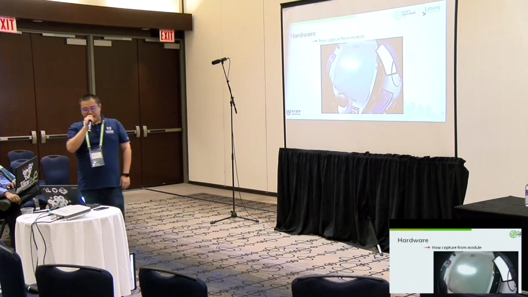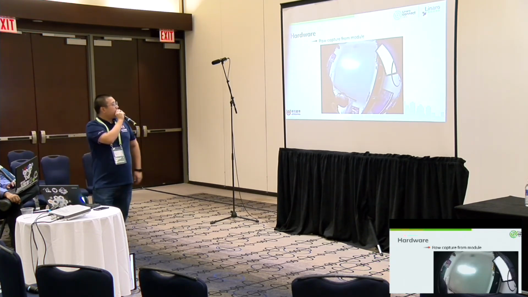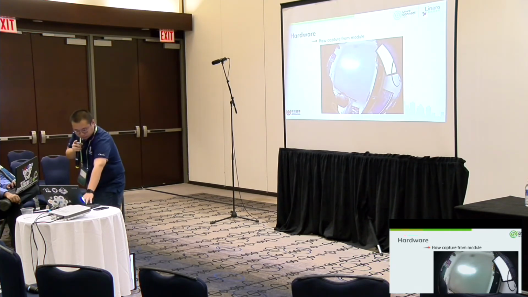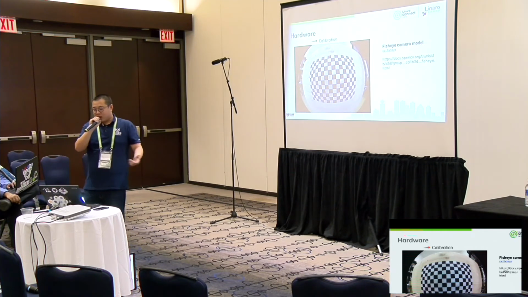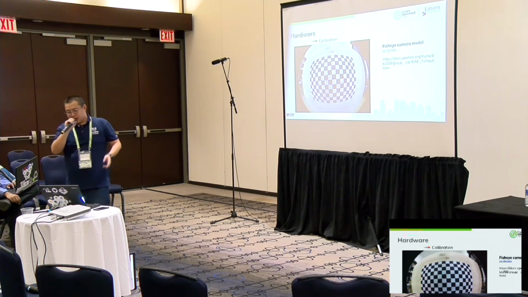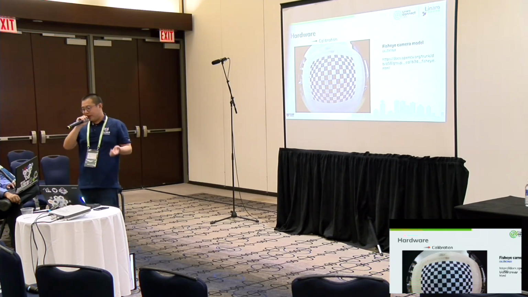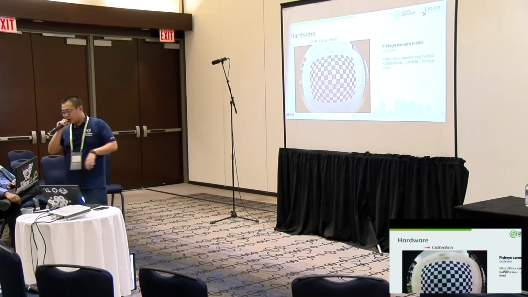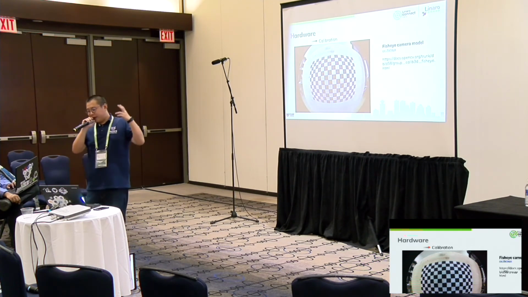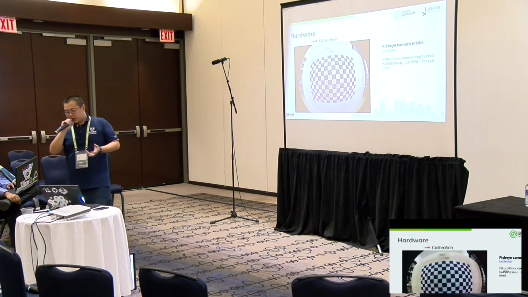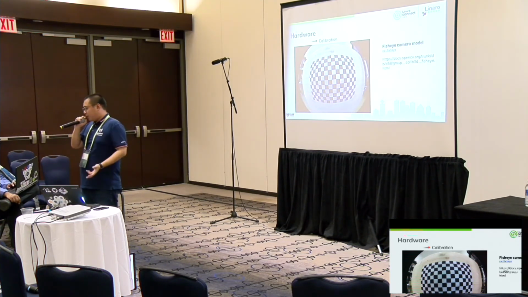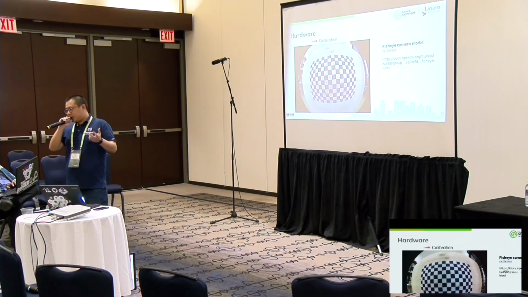So this is a raw capture from the fisheye camera. Since we use a fisheye camera, we need to calibrate it. A fisheye camera is different from a one-to-one camera. So when we calibrate it, we have the parameters, and we give the parameters to the stitching and transformation program.